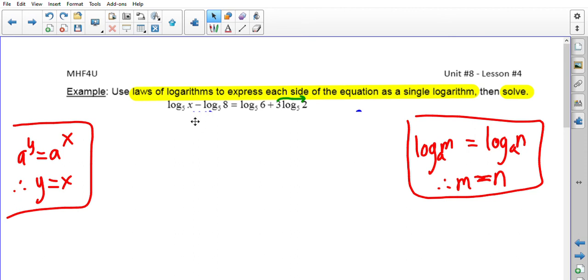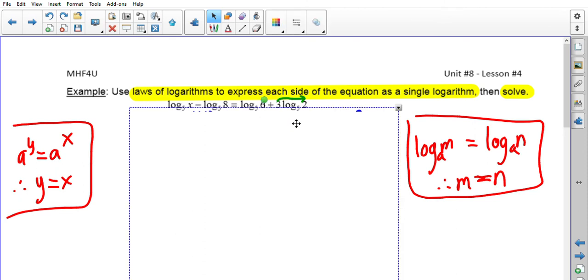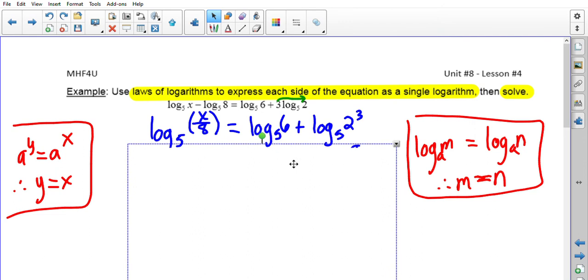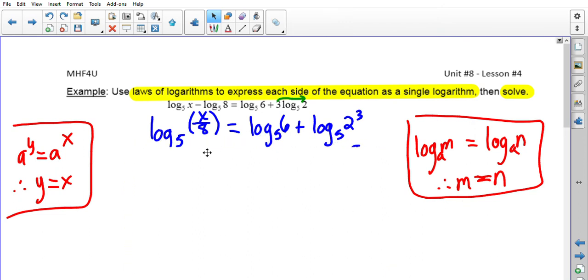All right, so that means this has to be equal to this in order for that statement to be true. So let's work with the left side and the right side and write it as a single log. So we've got log x to the base 5 minus log 8 to the base 5, and then we've got log 6 to the base 5 plus 3 log 2 to the base 5. So like I said, whenever you see a coefficient in front of a log expression, good idea to raise it up as the exponent to the argument.